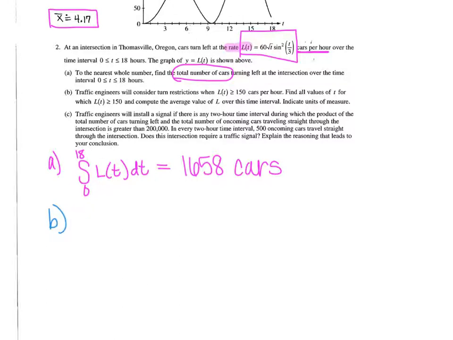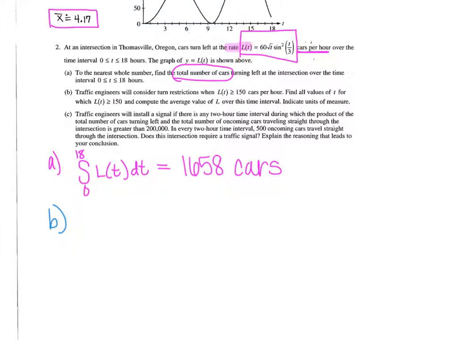Okay, letter B. Traffic engineers will consider turn restrictions when L of t is greater than or equal to 150 cars per hour. Find all values of t for which L of t is greater than or equal to 150 and compute the average value of L over this time interval.